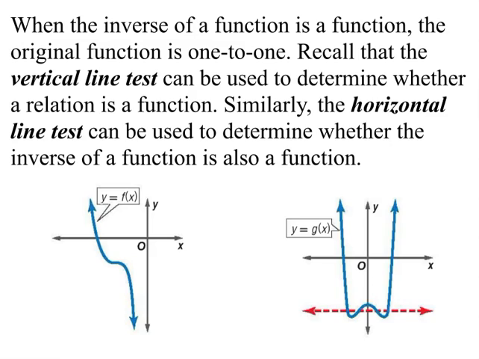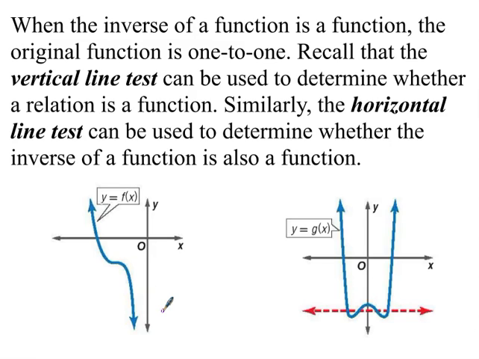If I look at this first f of x, I know it's a function because it passes the vertical line test. If I do the horizontal line test, I see that it has an inverse because a horizontal line is only going to touch one point.